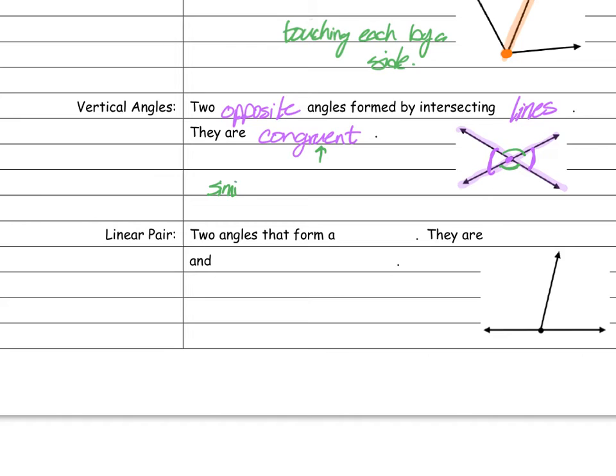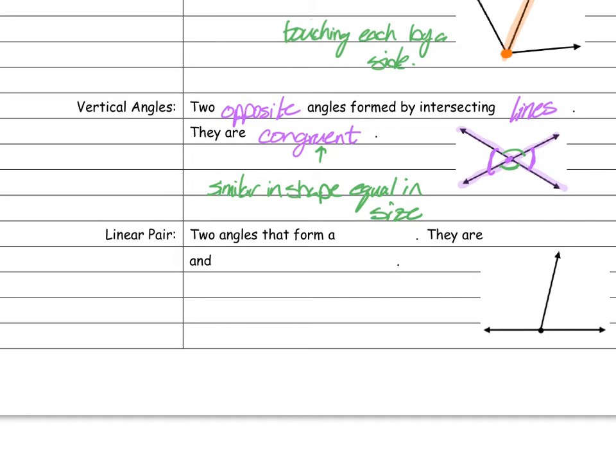Similar in shape, equal in size. So that means they have the same measurement. They're equal to each other, so they have the same measurement. That's what the word congruent means. Just keep that in mind as we go along.